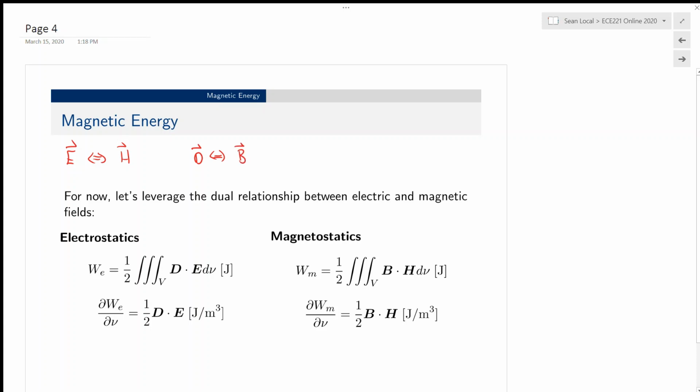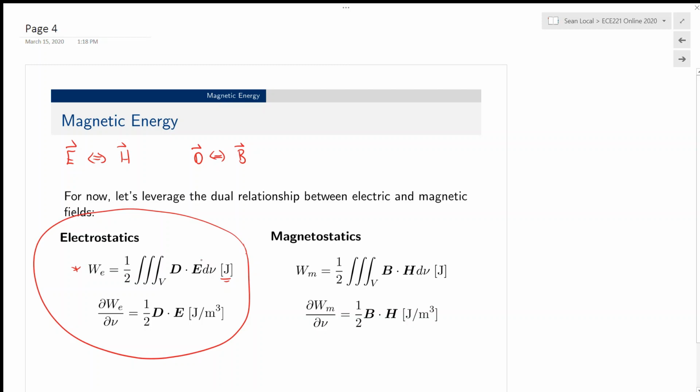And we have these results from electrostatics from before. So these are for a continuous volume charge distribution. And so we can find the total electric energy stored in that volume by computing this volume integral of 1/2 D dot E. And that gives us a result in joules. So that's the total electric energy stored.